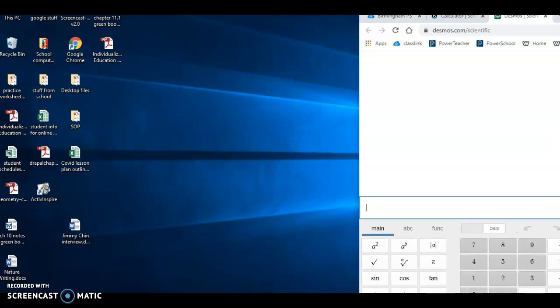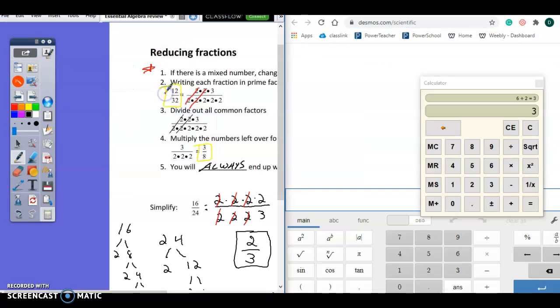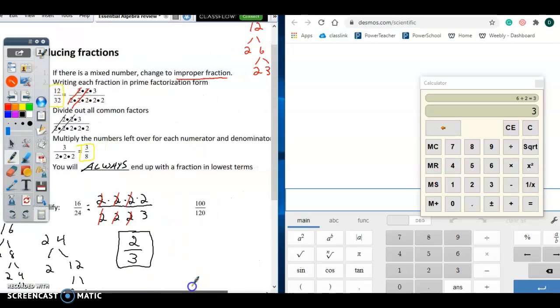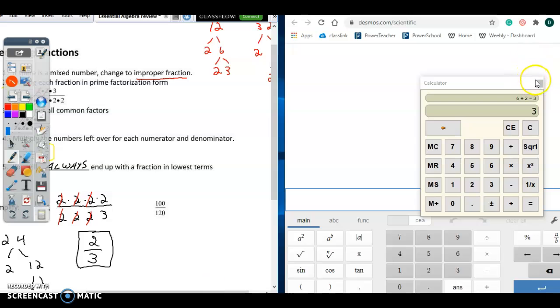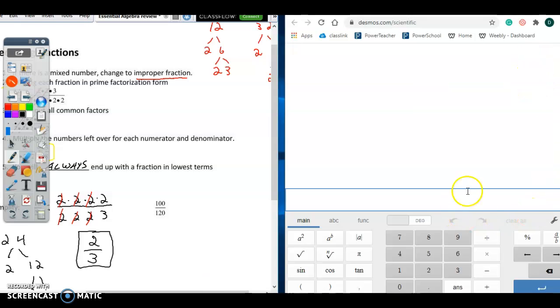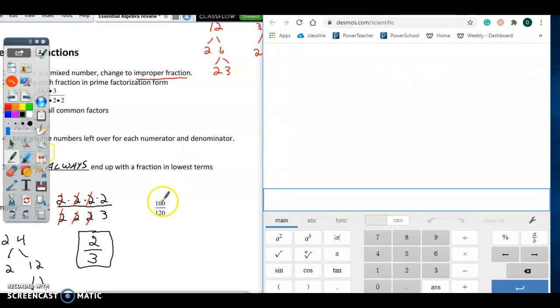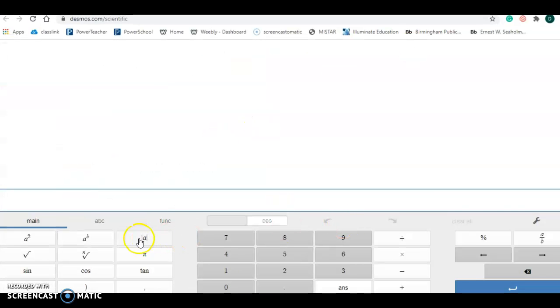I'm going to go ahead and make that half my screen, and I'm going to bring the notes up over here. Okay, so one thing we can do is use a calculator that has a fraction button to try to reduce. So on this calculator, I'm going to break down 100 over 120. So very simply over here, there's a nice little fraction button.